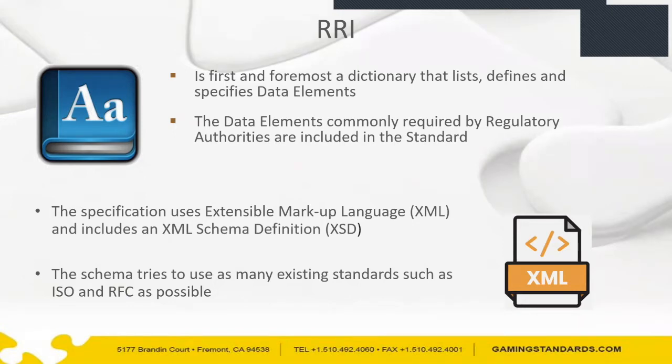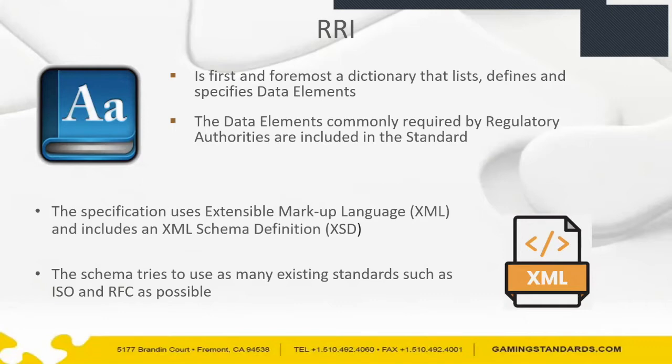The other thing that we did with RRI is that we decided to use XML, because it is a very commonly used computer language. Most computer industry people and most computer systems know how to handle XML. And we also created an XML schema definition so that this is a well-defined protocol with a well-defined schema.